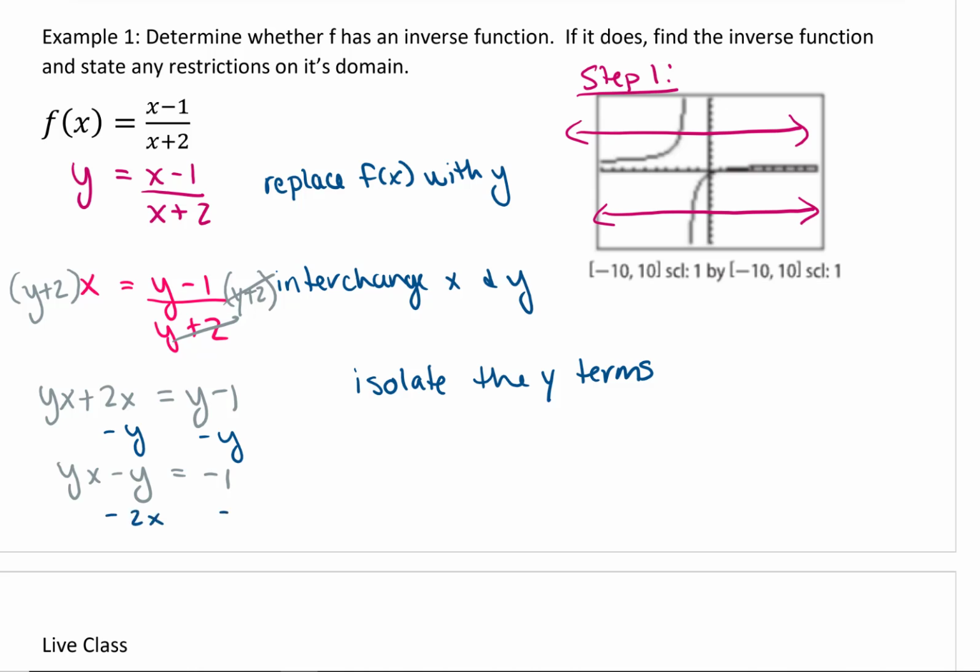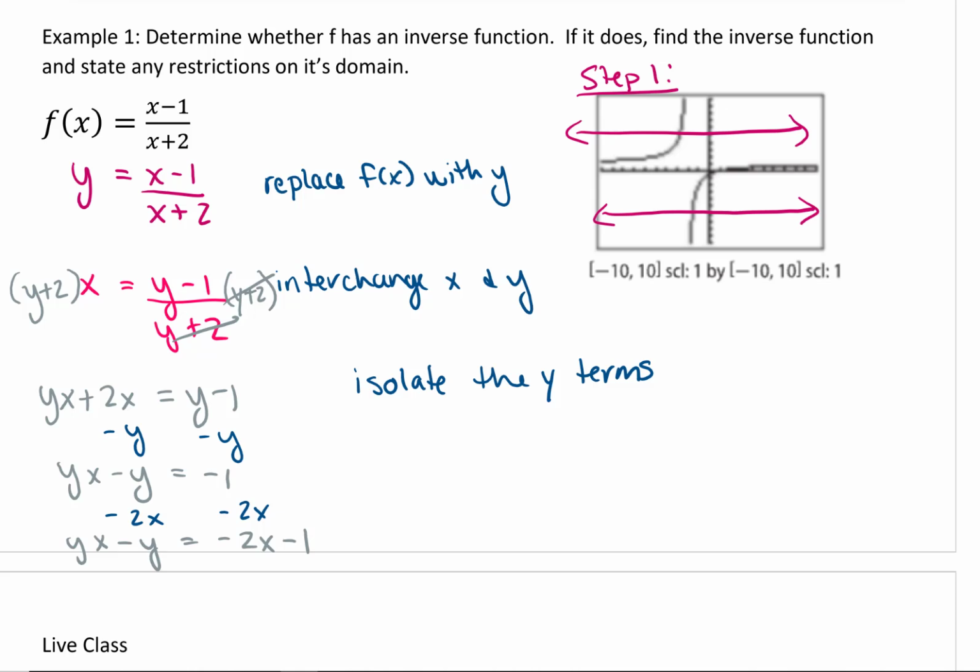And then I'm going to bring the 2x to the right-hand side. The purpose of doing this is I'm trying to isolate y.